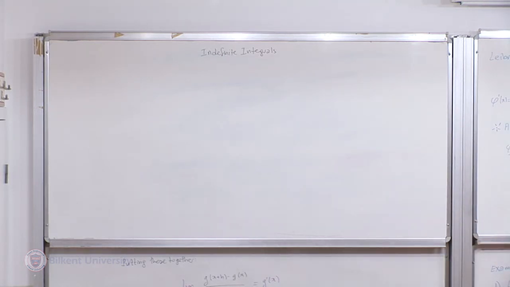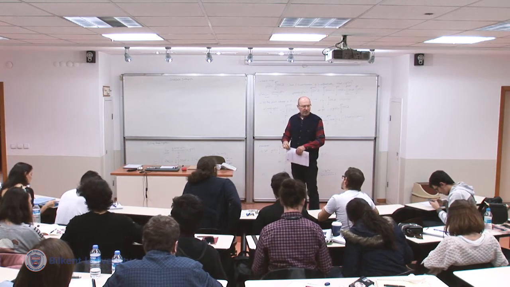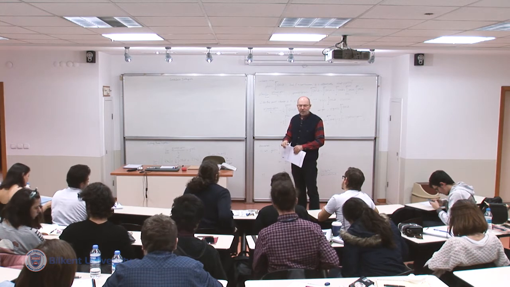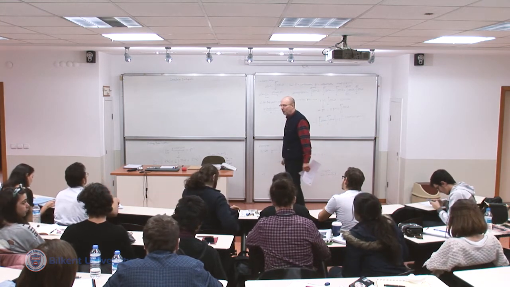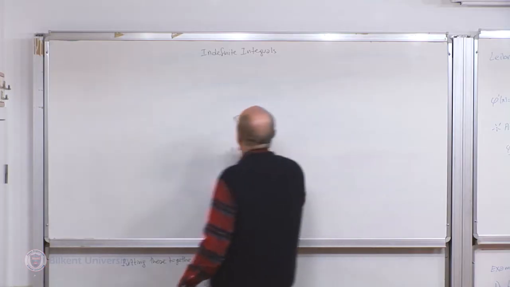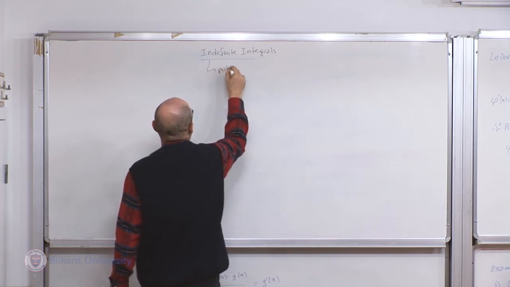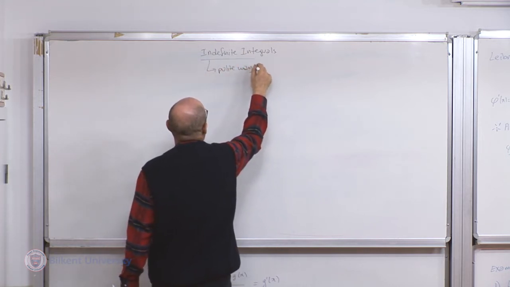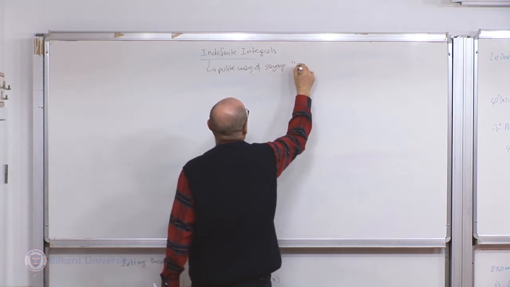Indefinite integral is a scientific name, a polite name for antiderivatives. When you say antiderivatives, almost everybody understands what you are talking about, but that's not nice. So you have to invent a new name so that people will think that you are doing something very complicated. So this is a polite way of saying antiderivatives.